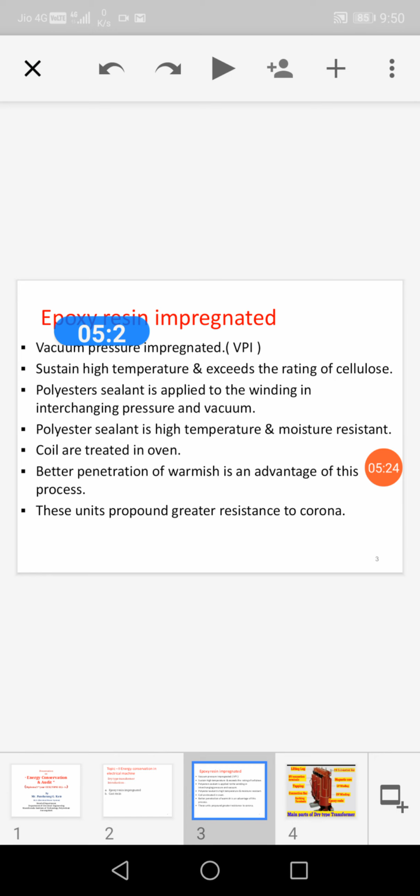Polyester sealant is high temperature and moisture resistant. Coils are treated in oven. Better penetration with the varnish is an advantage of this process, and this unit provides the greater resistance to corona.